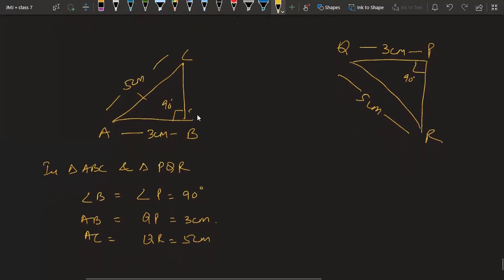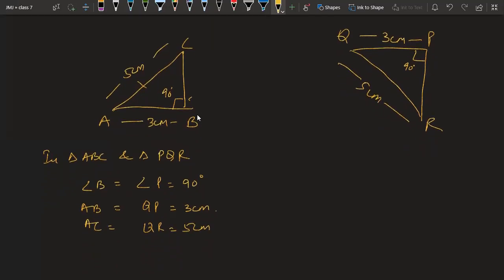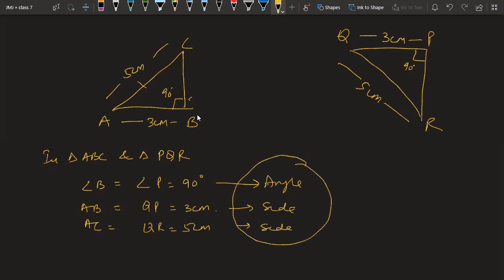Now see, if we think with the earlier knowledge, we will get angle, side, side, which is not a criteria, class.